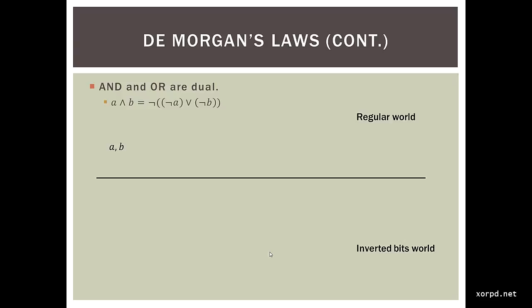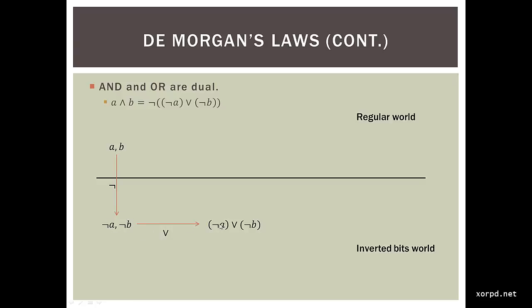Let's try to understand De Morgan's law through this idea, which is basically just an idea. Let's take two different bits, A and B, and now we want to get them to the inverted bits world. So we have to negate each of those bits, and we get not A and not B. Now we want to apply OR between those two bits.